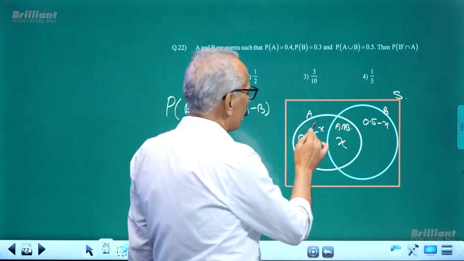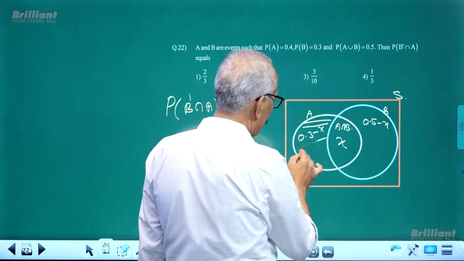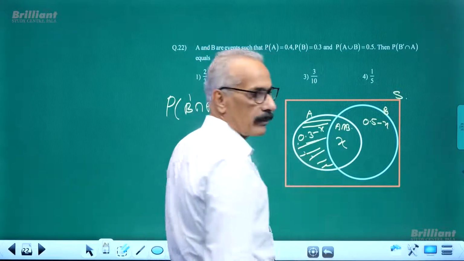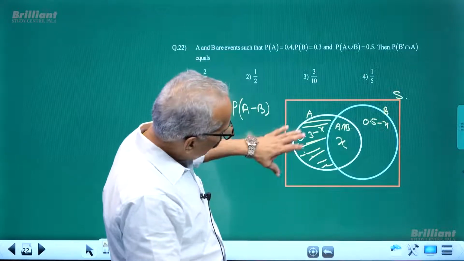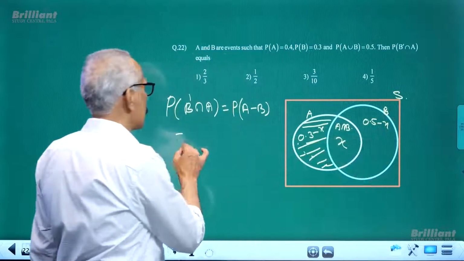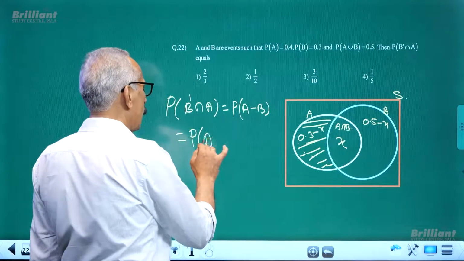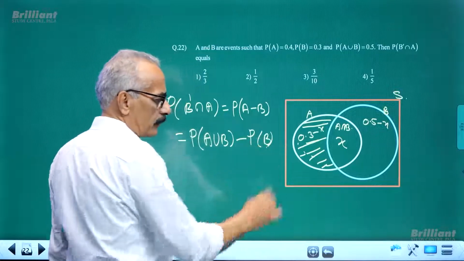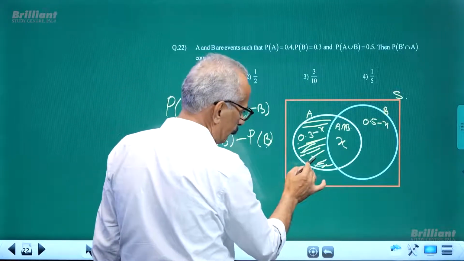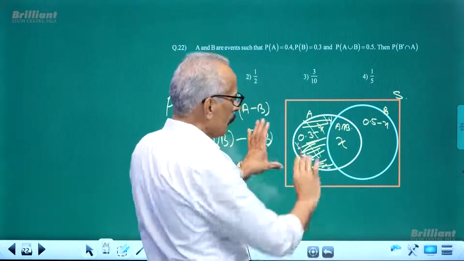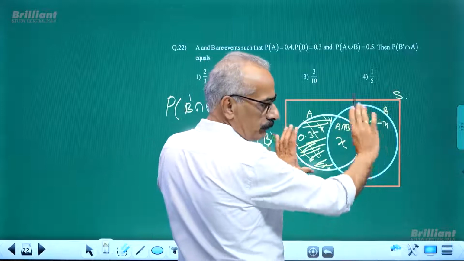So, you want to find out this part. That's called A minus B, those in A but not in B. So what will be this probability of A minus B? It is probability of A union B minus probability of B. Look at the figure, how simple it is. A union B means white and blue.